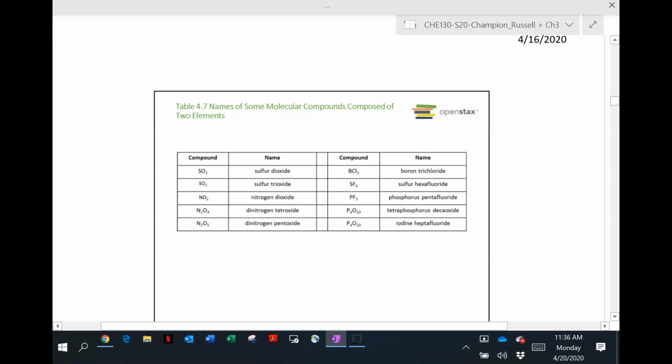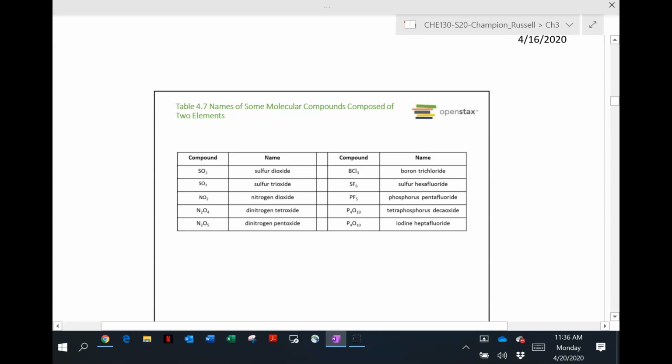NO2 is nitrogen dioxide. N2O4 is dinitrogen tetroxide. Notice we left the A out there. N2O5 is dinitrogen pentoxide, and we left an A out there. Again, notice that until those last two, we weren't writing monos in front of the sulfur or the nitrogen. We just started writing a prefix when we had more than one. BCl3, boron trichloride. SF6, sulfur hexafluoride.